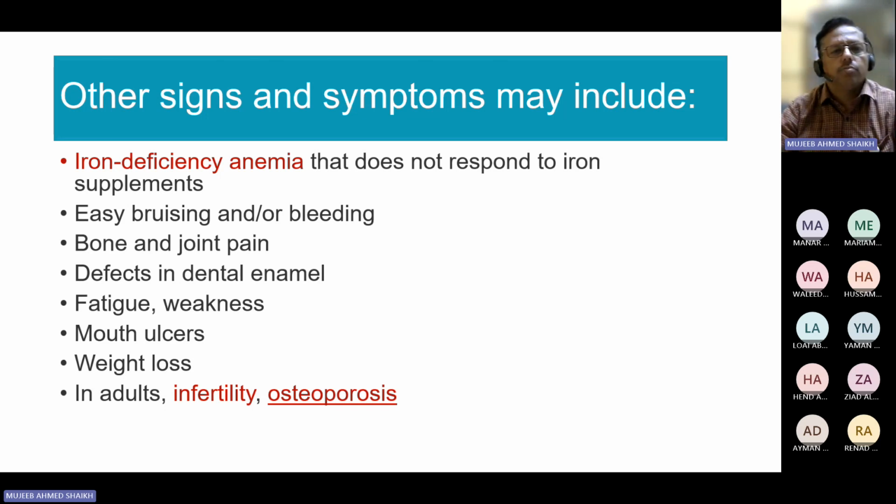Many things are not absorbed. So malabsorption is happening, and in adults it can lead to infertility and osteoporosis. A person may come to the clinic unable to conceive, or more commonly with anemia, chronic diarrhea, or inability to conceive.